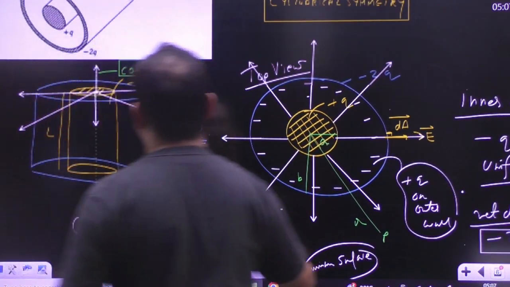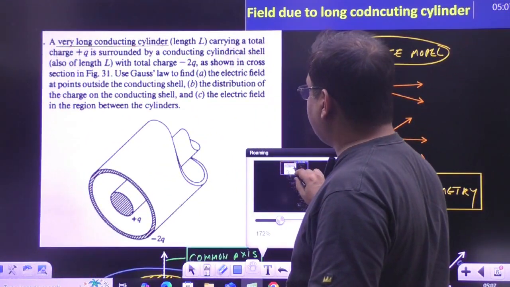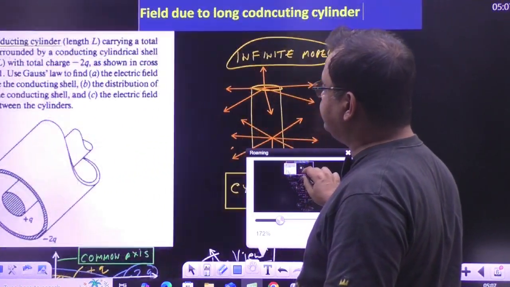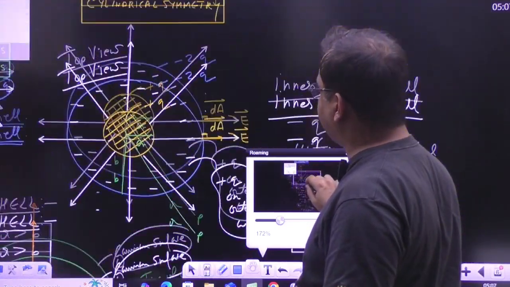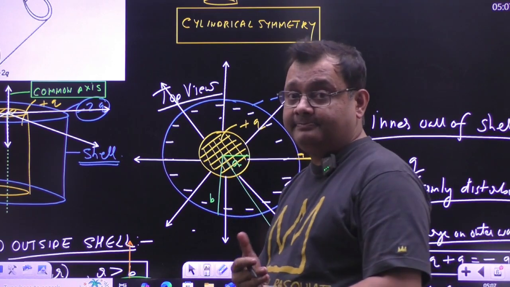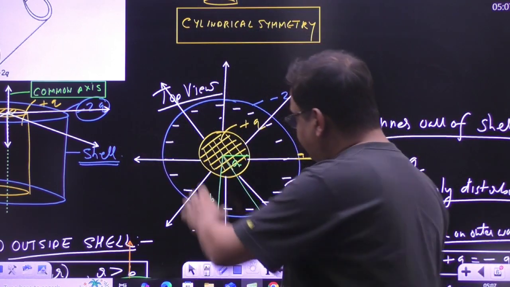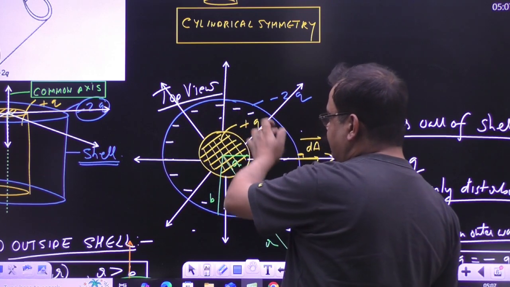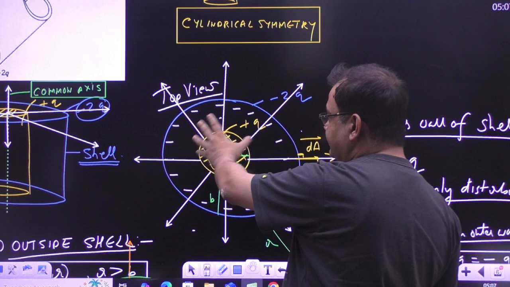Okay, now let's come to part C. What will be the electric field in the region between the cylinders? That means we have to find the electric field for R between A and B, correct? Again, had there been any field in the region between the two cylinders, it would have been cylindrically symmetric.